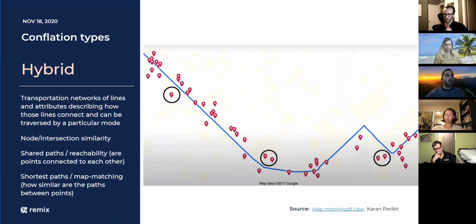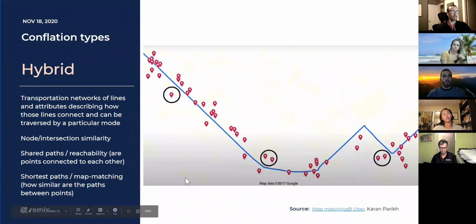You can think about this type of conflation as the one being used with GPS points. When you get a read from a GPS, this GPS is not perfect. It doesn't tell you in what street it is. You have to guess it somehow. So if you think these red points are the GPS points, you need to understand, in this case, Uber needed to understand what was the path that the car followed.